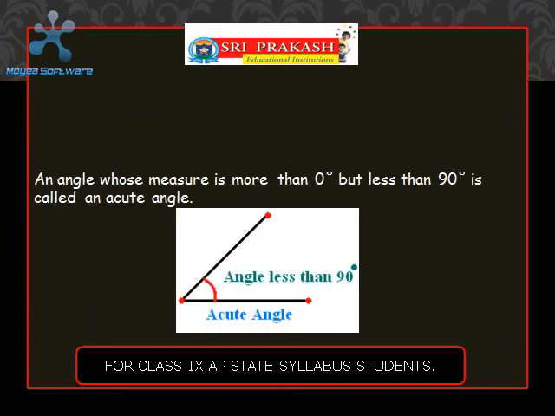Now, what is an acute angle? An angle whose measure is more than 0 degrees but less than 90 degrees is called an acute angle.